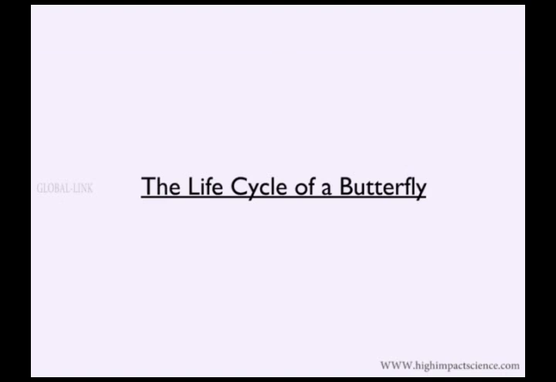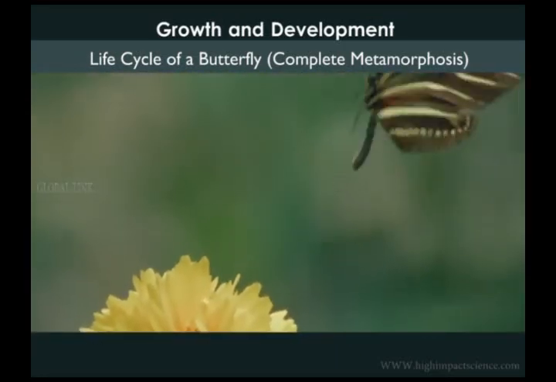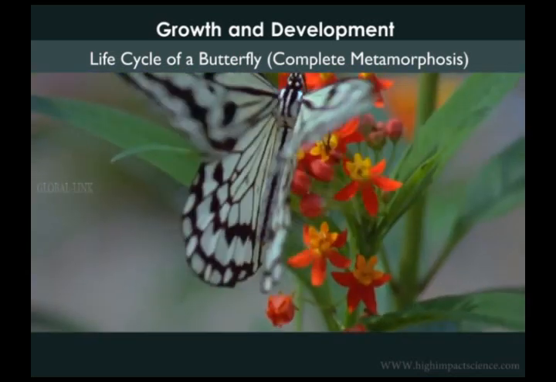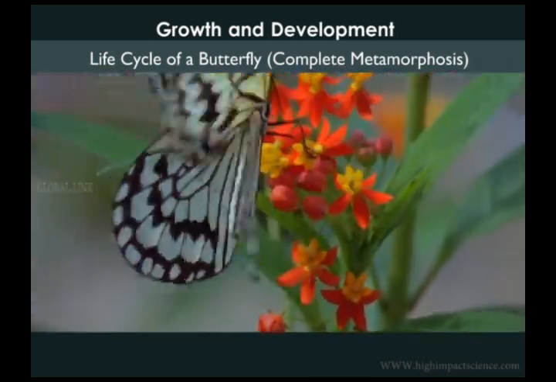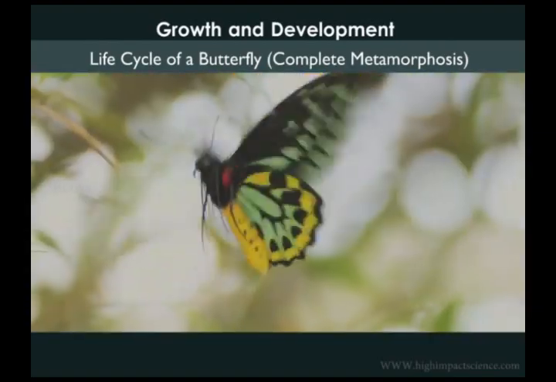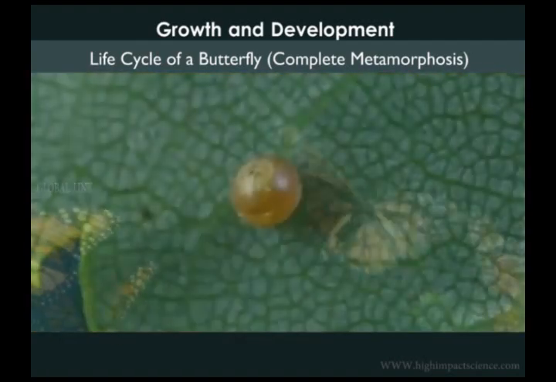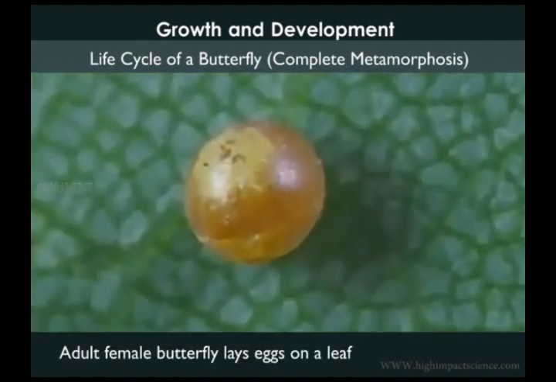Let's look at the life cycle of a butterfly. When you look at a butterfly, it is hard to imagine that what you are seeing is the product of a complex growth process that sometimes biology itself sounds like magic. First, the adult butterfly lays eggs on a leaf.